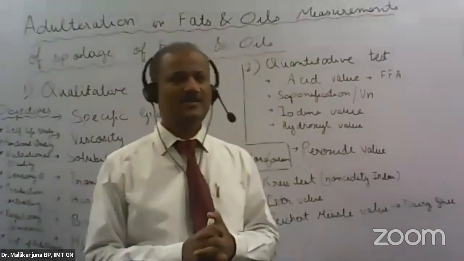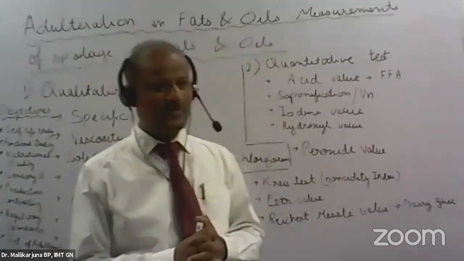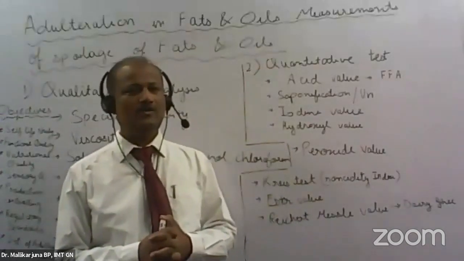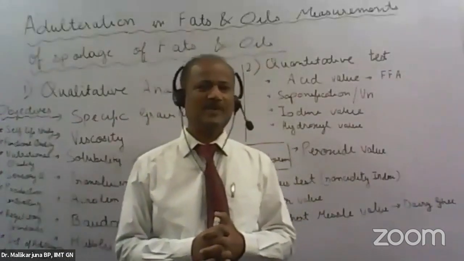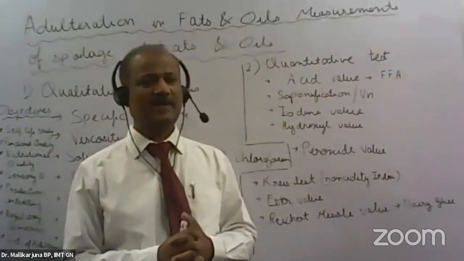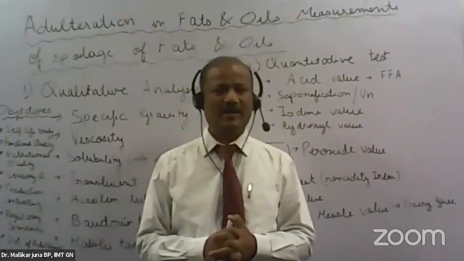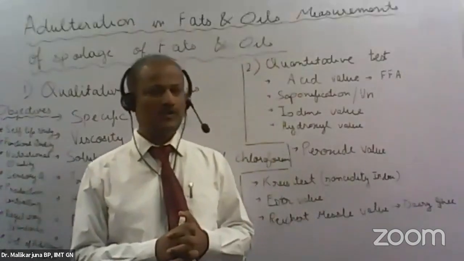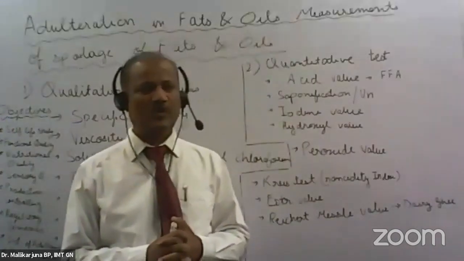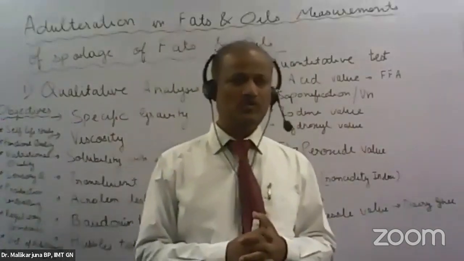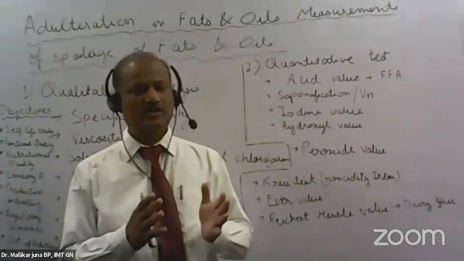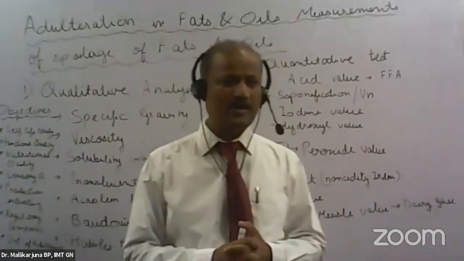My concern in today's discussion on this platform is to make my audience and viewers know how adulteration takes place in fats and oils, and how we have been suffering because of it. Every household and every family should understand how important it is to know whether the oils and fats we consume in our house are pure or impure.